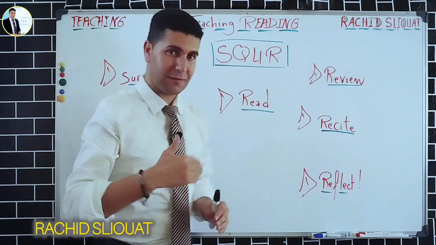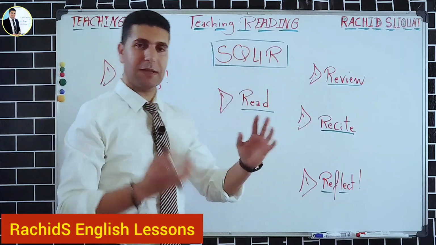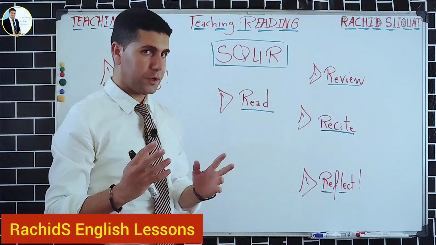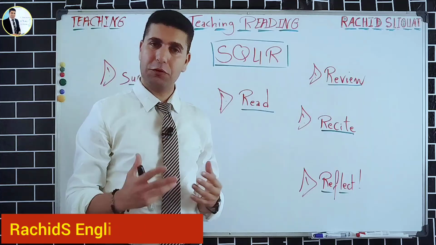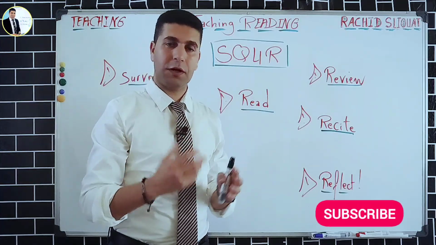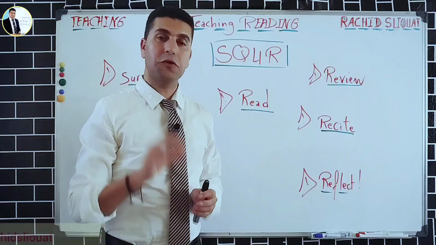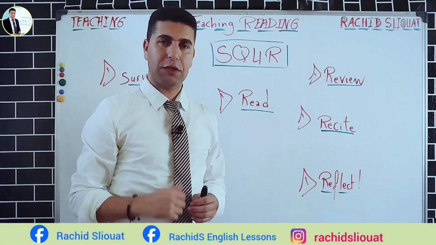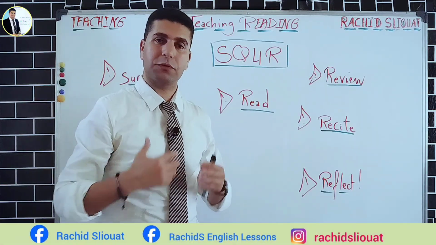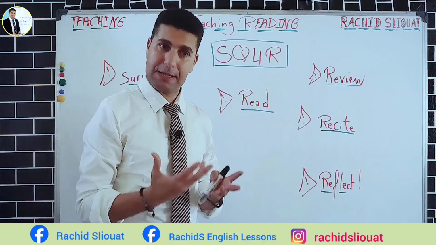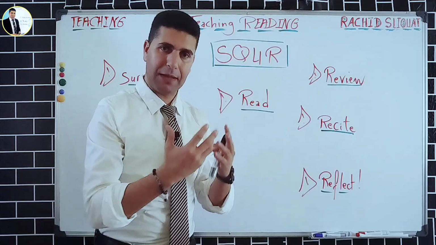So as you can see, we are still talking about teaching reading, and today we are going to talk about teaching reading using the SQ4R framework. This is a framework that you can use in your classroom to help your students understand and comprehend the text better.